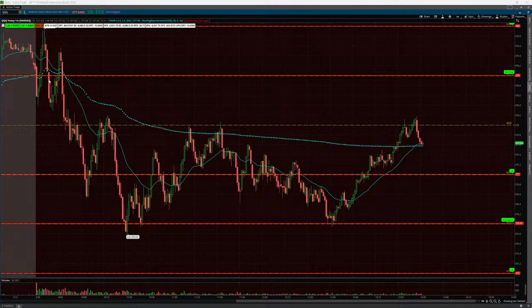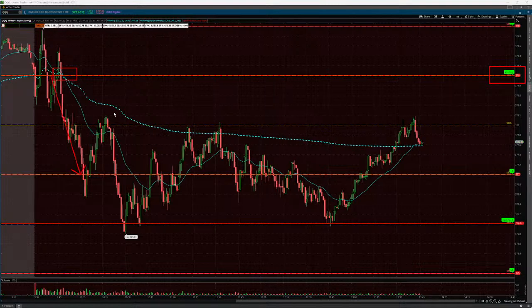Here's the QQQ 379 volatility trigger, and that was a good entry point for a short, good for 2 points in QQQ. And then also the 378 level here, that's not a SpotGamma level, but that was a good entry point for another 2 points.